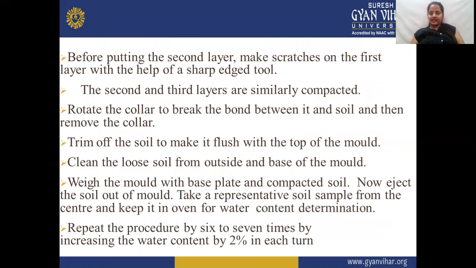Before putting the second layer, make scratches on the first layer with the help of a sharp-edged tool, just to create extra bond and adhering property, so that the first layer and the second layer do not get segmented and stay connected.